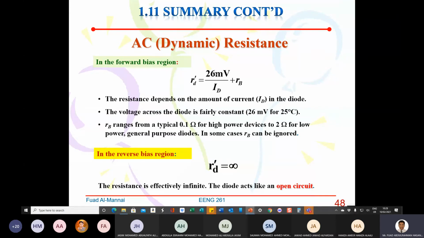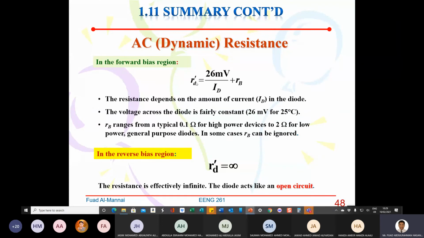This is the thermal voltage, VT, V capital T, which is around 25.6 millivolt, but if we round it, we can call it 26 millivolt.